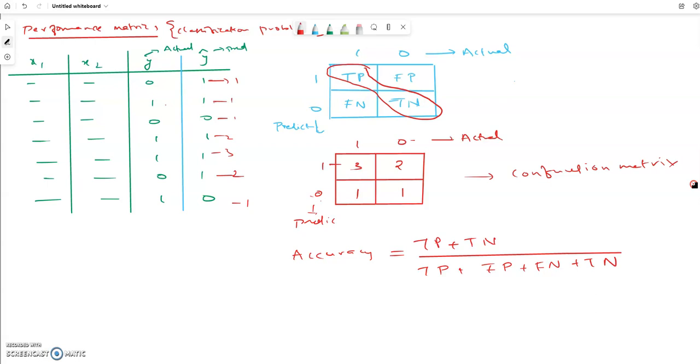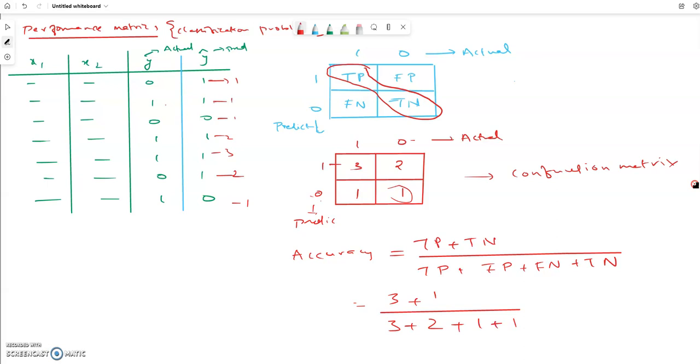So this is actually the formula. Now what is true positive here? 3. What is true negative here? 1, right? Divided by true positive, which is 3 again, and false positive is 2, and false negative is 1, plus 1.